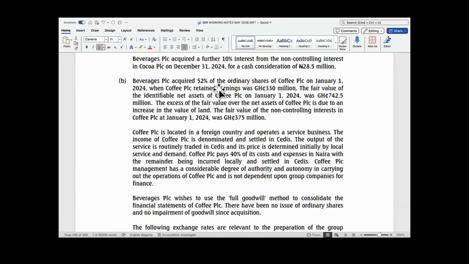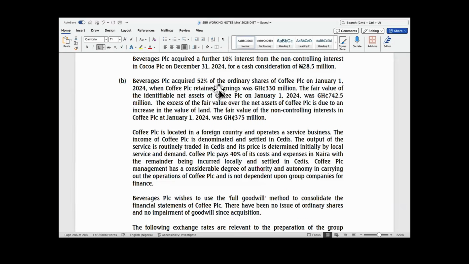So let's see if the foreign subsidiary is an extension of the parent or is an independent foreign subsidiary. Because if it is an extension of the parent, I'm going to translate these transactions like normal foreign currency transactions, where I'm going to translate all monetary assets at closing rates and non-monetary assets at historical rates.